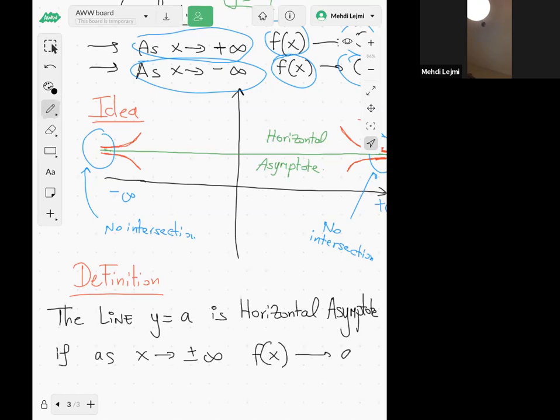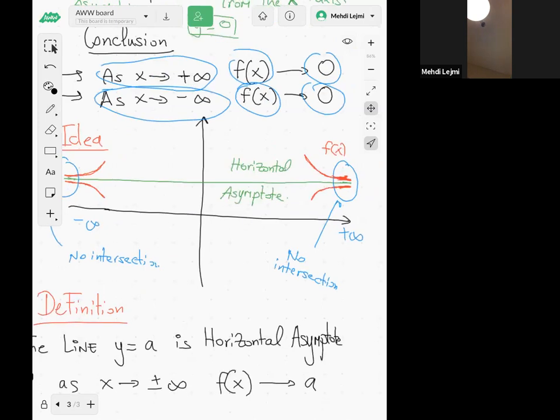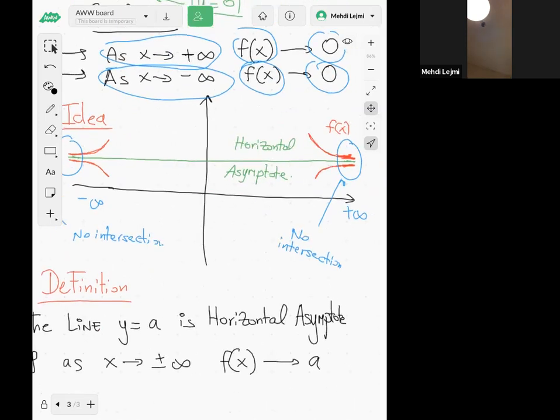In the example with 1 over x, as x approaches infinity, 1 over x is very close to 0, right? But it could be a different number than 0. It doesn't have to be 0. It could be just some number a.